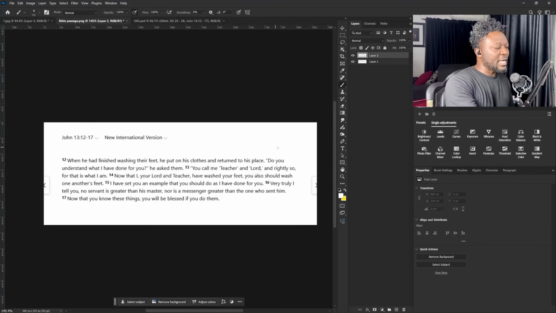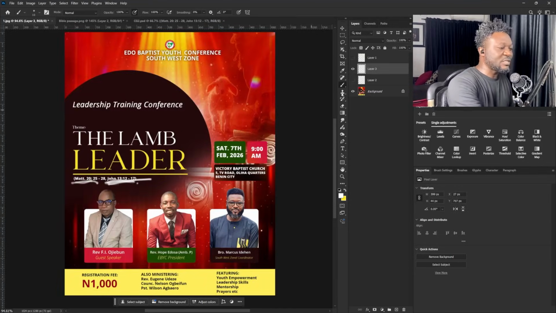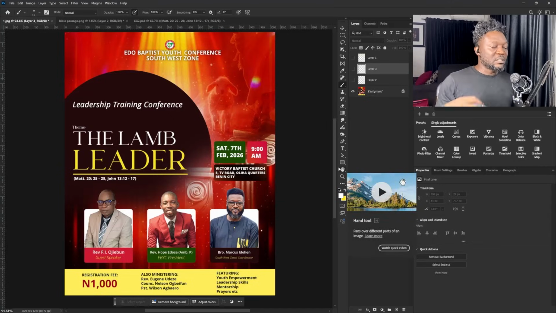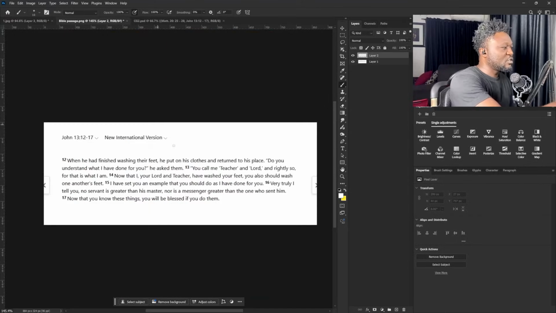So if you look at what this Bible passage is saying here, and you connect it to what the title of this artwork is saying, you understand that Jesus is actually teaching his disciples how to be a leader. And for you to be a leader, one of the examples of a leader is to serve. And that's what Jesus Christ is trying to explain to his disciples here.